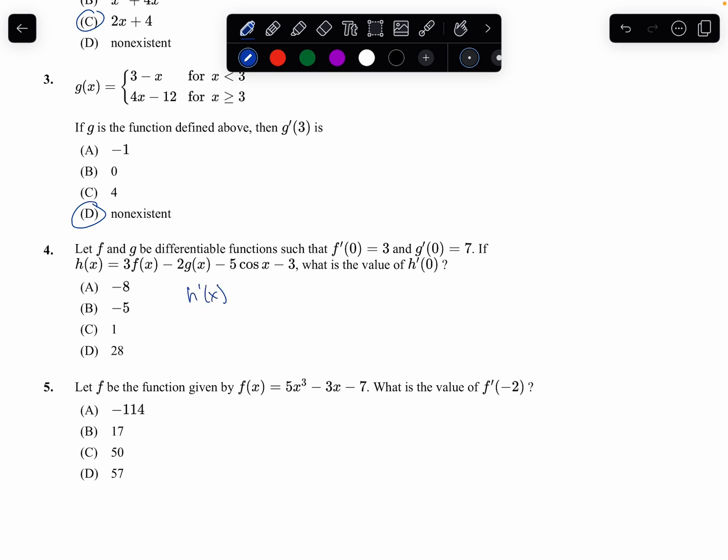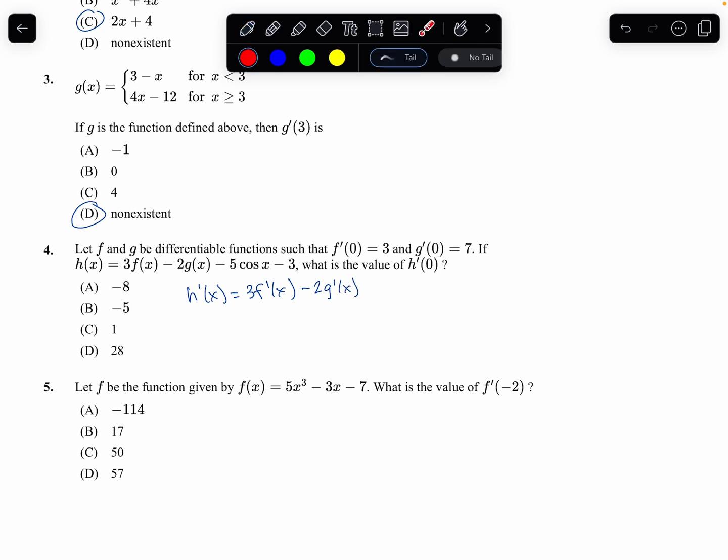So h prime of x is going to be equal to, take the derivative, 3f prime of x. The derivative of f is just f prime, and then we have a constant 3, so we keep the constant there. Same thing here, we have a constant, -2, and the derivative of g is g prime of x.